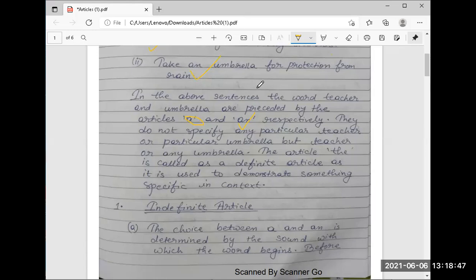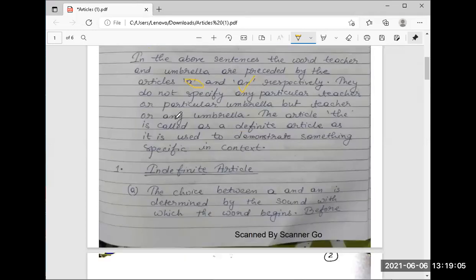Teacher is a common noun. They do not specify any particular teacher or umbrella, but any teacher or any umbrella.